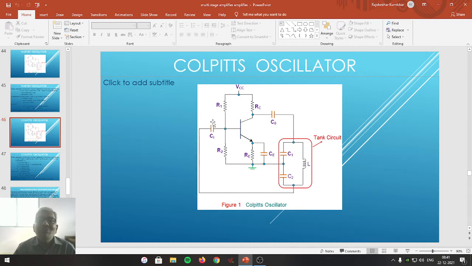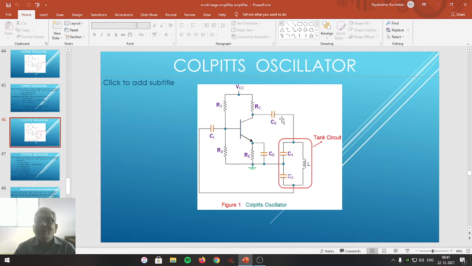Capacitor CI is going to act as the input coupling capacitor that couples the oscillation generated in the tank circuit to the input of the BJT through the feedback path represented here.